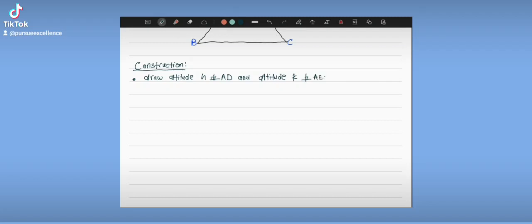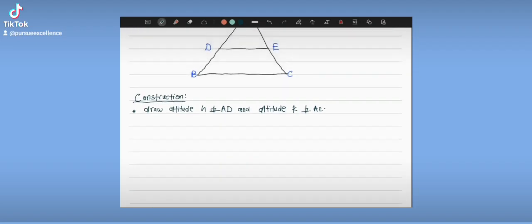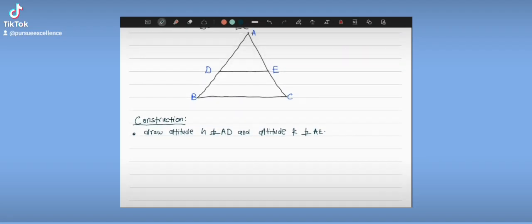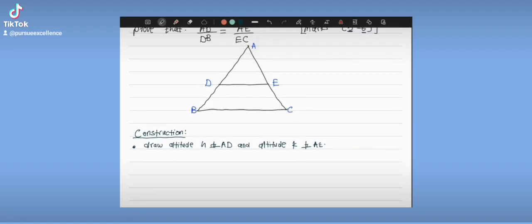Sorry about my handwriting. You need to do the construction. This must be the first point on your construction. Whatever you're constructing here, you need to apply it on your given triangle there.